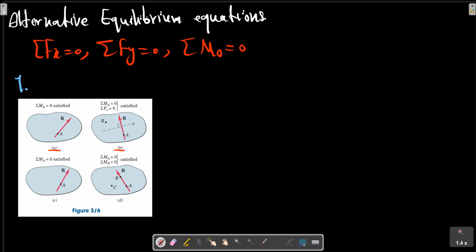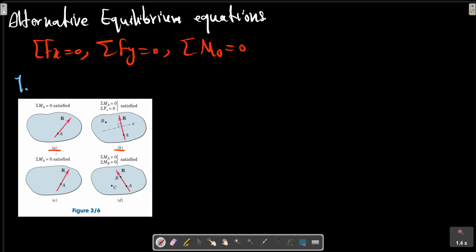Now if sigma MB equals 0, where B is any point such that the line AB is not perpendicular to the x direction, we see that R must be 0 and thus the body is in equilibrium.